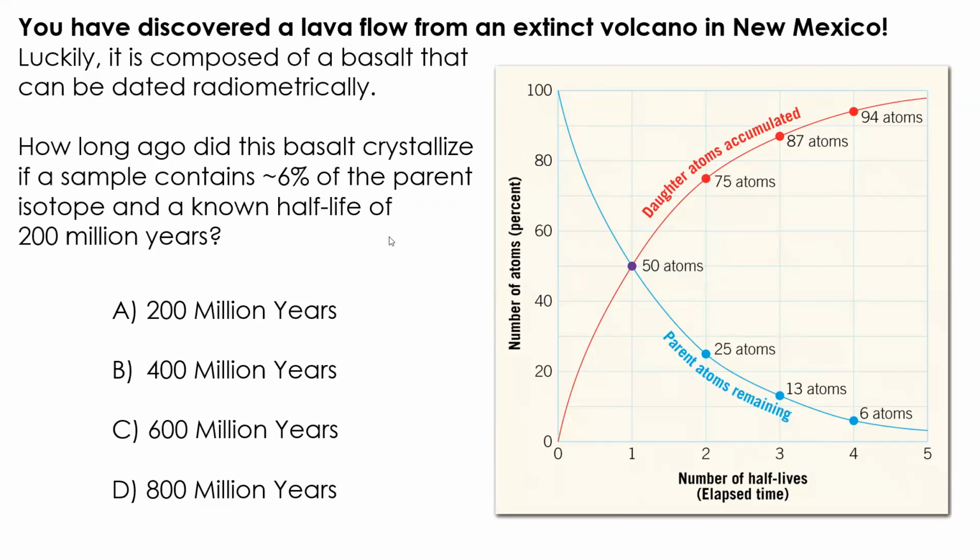And the known half-life of this parent isotope is 200 million years. So we have basically out of 100 atoms, we have 6 atoms left of the parent. So who can tell me how many half-lives that is? Not the number of million years yet, but how many half-lives that is?